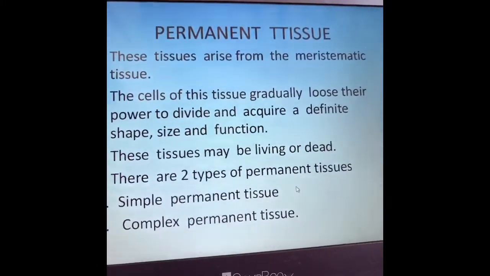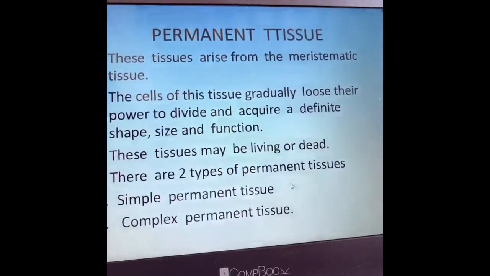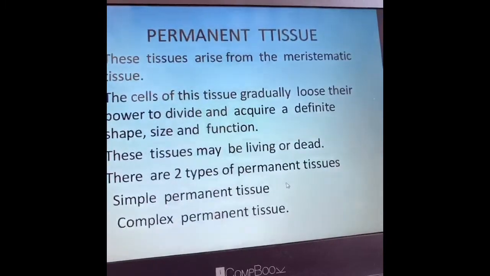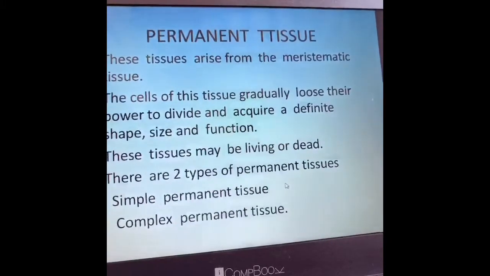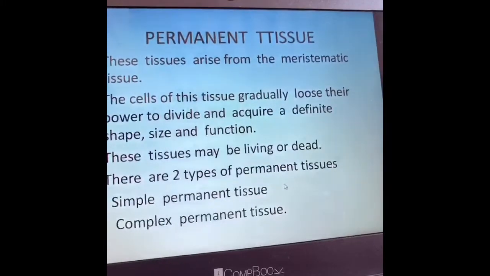Now the other type of plant tissue is the permanent tissues. Let's discuss the permanent tissues. The permanent tissue arises from meristematic tissue. The cells of this tissue gradually lose their power to divide and acquire a definite shape, size and function. If you recall the apical meristem, all the cells were of the same type.